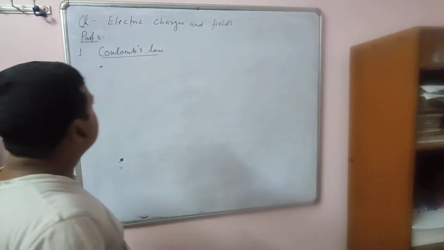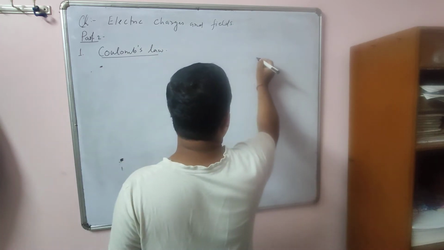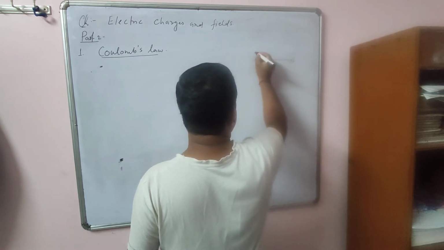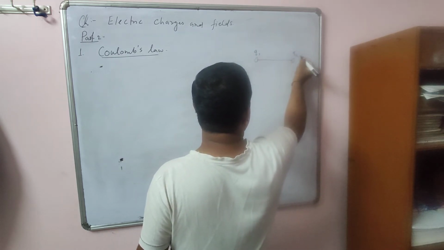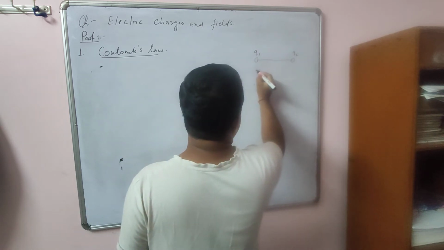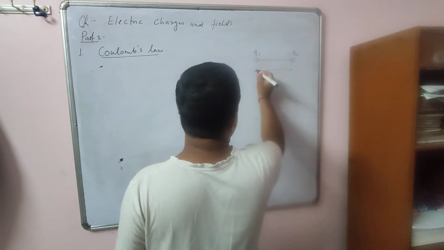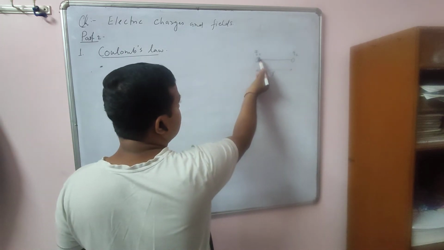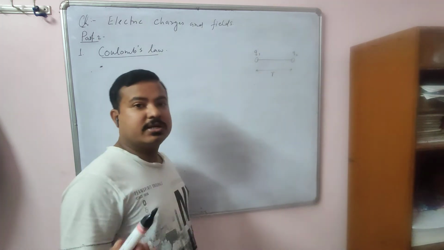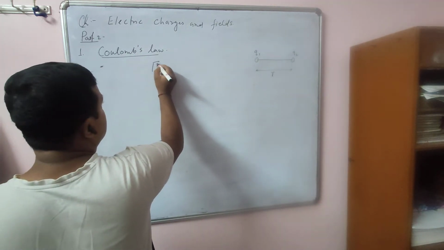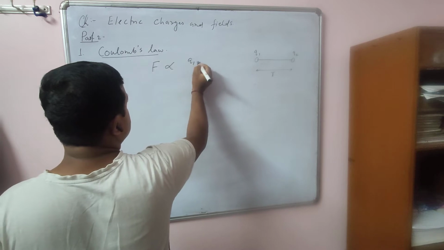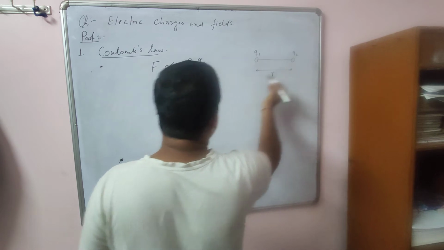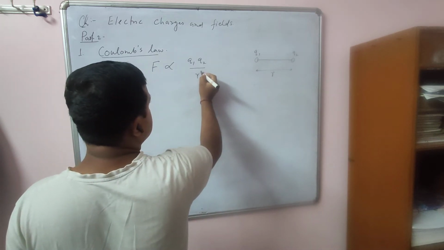Now according to Coulomb, the force between any two charges in vacuum, suppose these are two charges Q1 and Q2 placed in vacuum, separated by a distance R. The magnitude of force between any two charges in vacuum is directly proportional to the product of the two charges, Q1 Q2, and inversely proportional to the square of the distance.